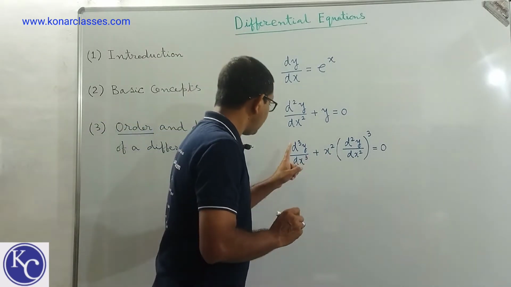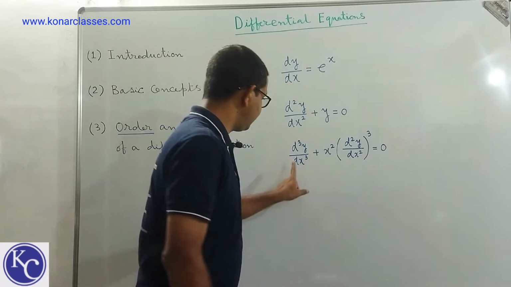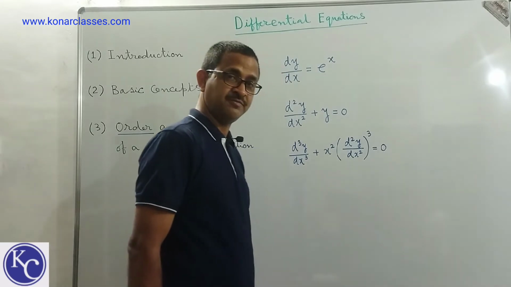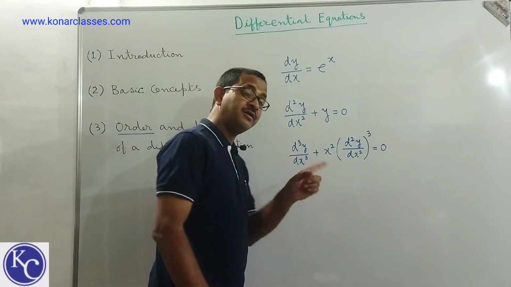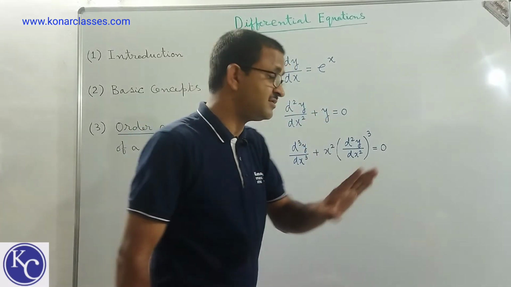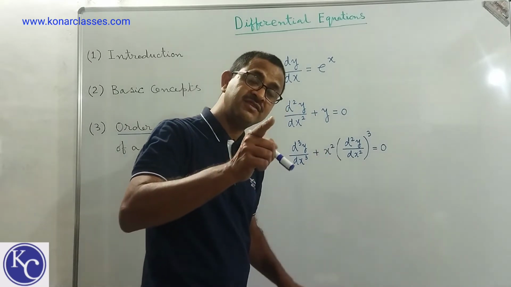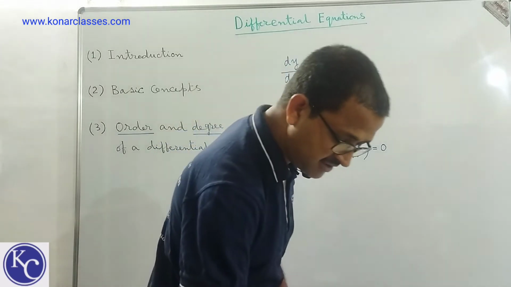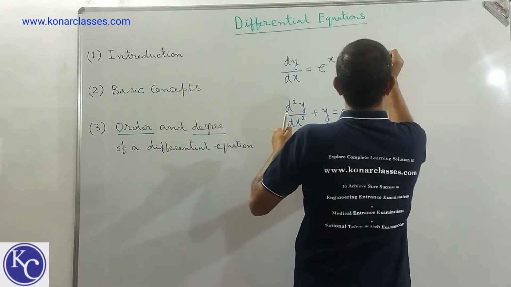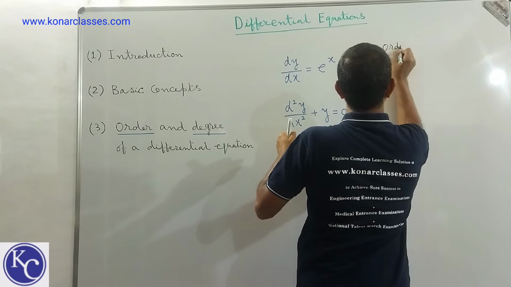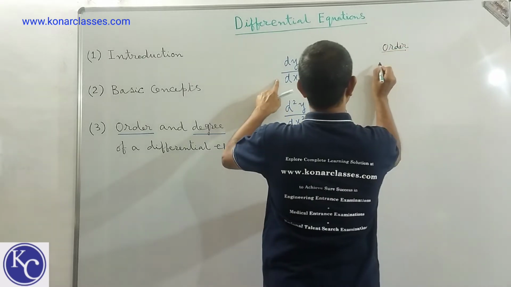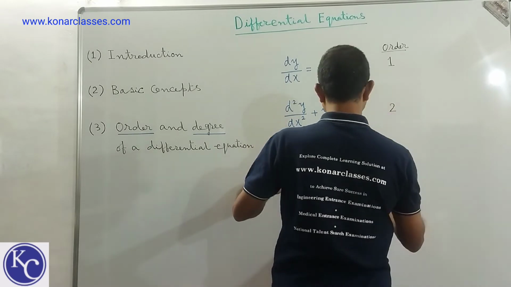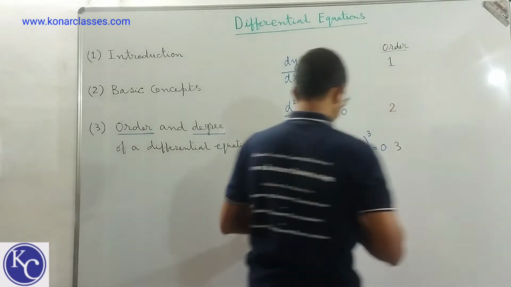Because third order is the highest order in this differential equation, because this is a third order differentiation, this is second order differentiation. As the third order is the highest order of differentiation appearing in this equation, we can say the order of this differential equation is 3. So if we write here, dear students, what is the order? This order is 1, this order is 2, this order is 3.